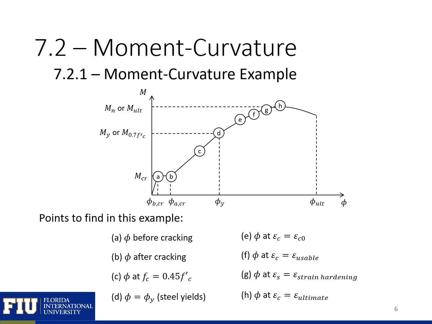In this example problem, we're going to find a number of different points in our moment curvature plot. So we want to find our curvature before cracking, our curvature after cracking, so our points A and B shown here. Then we'll find our moment and curvature at some points in the second linear elastic range after our concrete's cracked, but before our section starts to go inelastic.